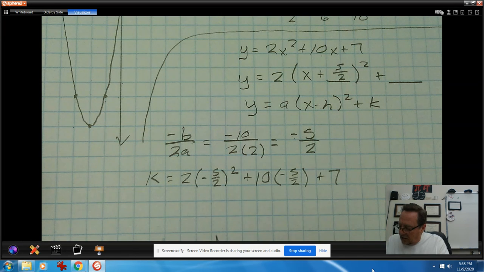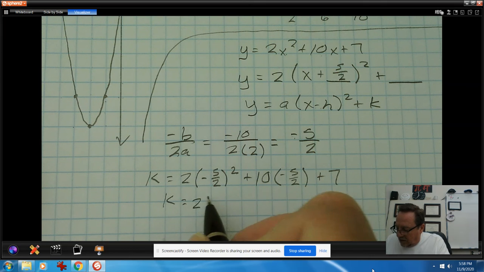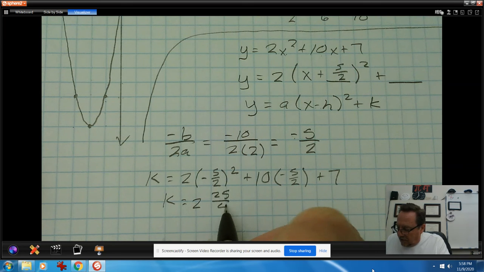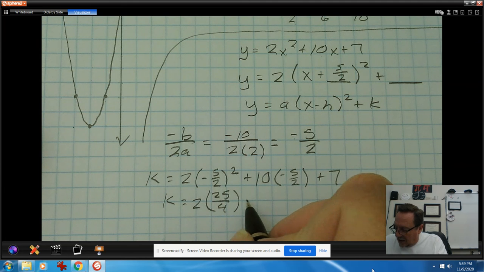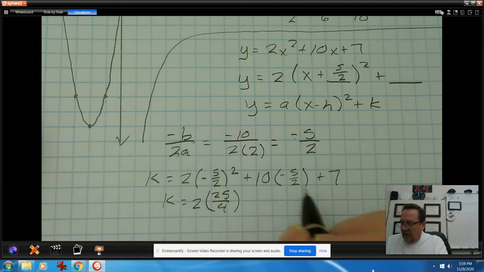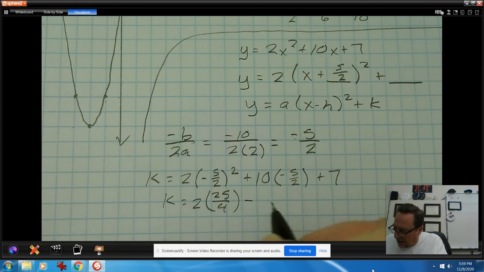So here we go. Negative 5 halves squared is going to be 25 fourths. When you square negative 5 halves, you get positive 25 fourths. And then I'm going to add to that 10 times negative 5 halves. Well, when you take 10 times negative 5 halves, you get a negative 25.